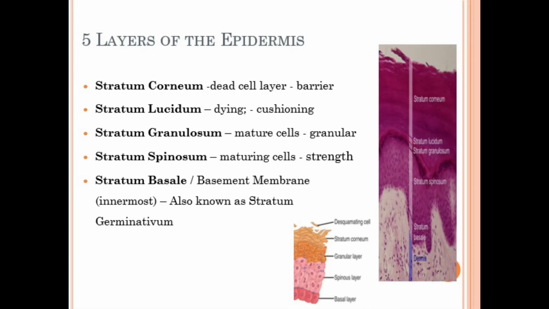Beneath that is the layer called granulosum. The stratum granulosum has mature cells with granules in them, and they are developing faster. Then stratum spinosum is the layer beneath it, with maturing cells. They provide strength. They have spikes and spine-like structures, and they are closely packed and attached to each other to give extra strength.